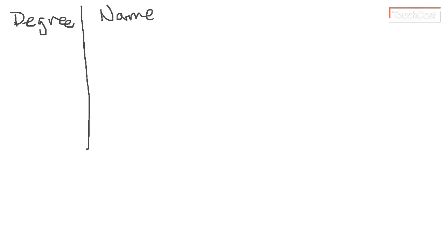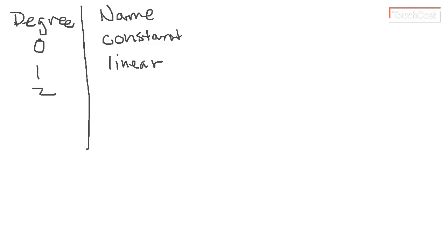So some polynomials do have special names. First, let's look at the names based on degree. So if we have degree and name, if we have a polynomial with a degree of 0, we just call that a constant polynomial. If the degree is 1, the polynomial is called a linear polynomial.